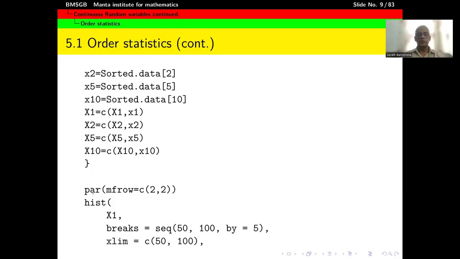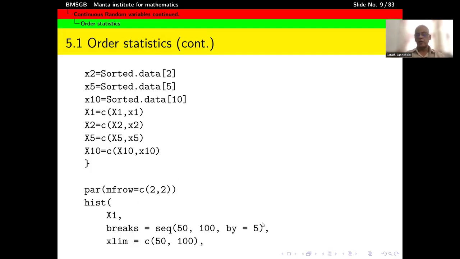Par is a command that you use to set several parameters related to the graphic window. In order to have 2 rows and 2 columns, I use the parameter mfrow equal to c(2, 2). This means I want to divide my graphic window into 2 rows and 2 columns, right?